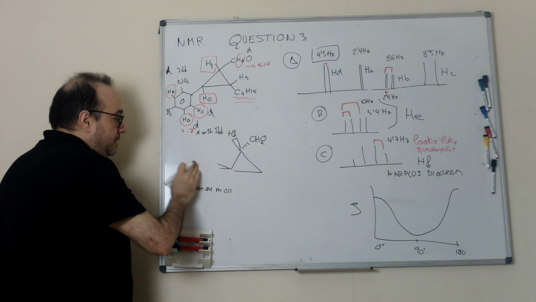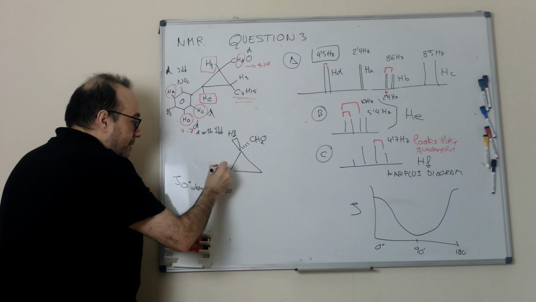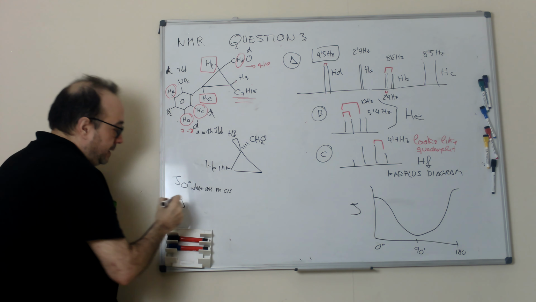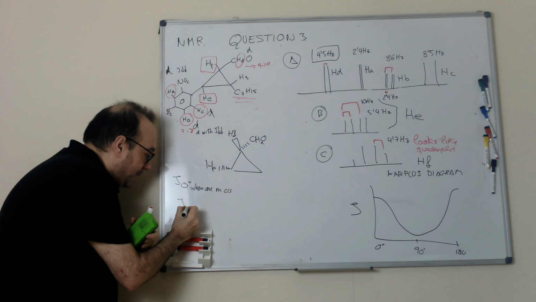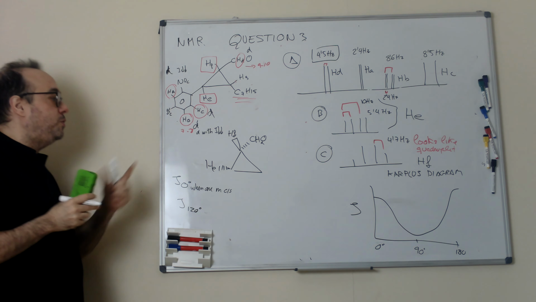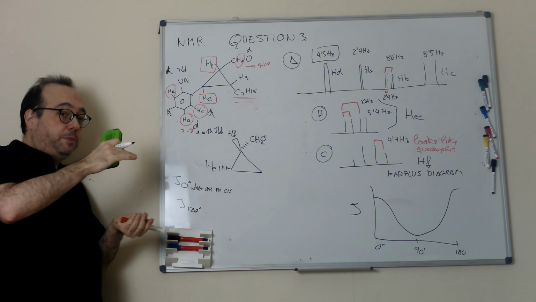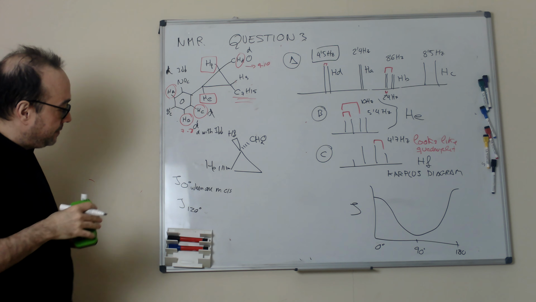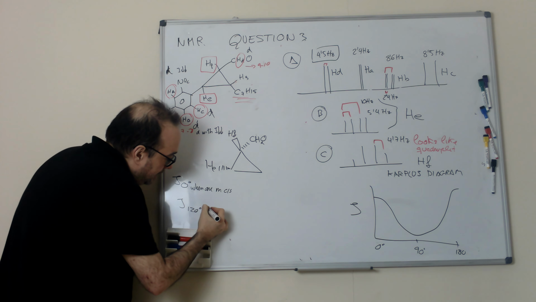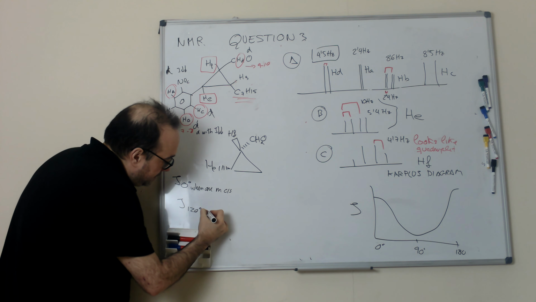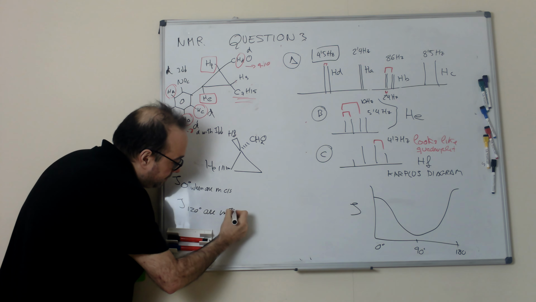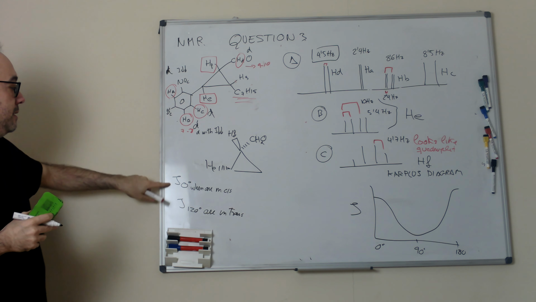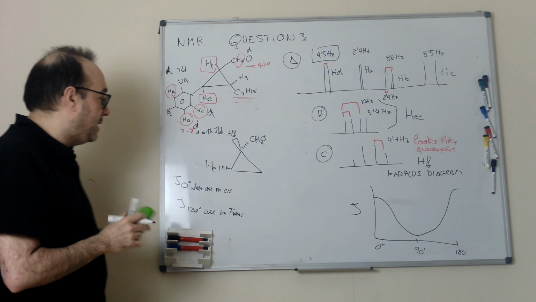However, when they are in trans, okay, the dihedral angle is 120. Don't confuse it with 180, because it's a cyclopropane, the dihedral angle has to be 120. Okay? And this corresponds to when they are in trans. If we analyze this, we know that when the angle is 0, the coupling constant has to be quite high.